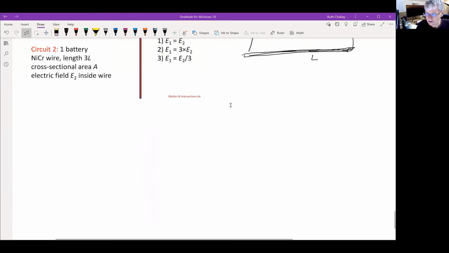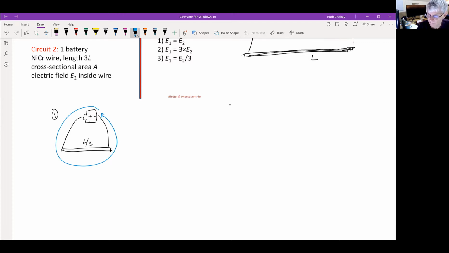So in circuit 1, we're just going to write a loop equation. We take a loop that starts here and goes back to there.